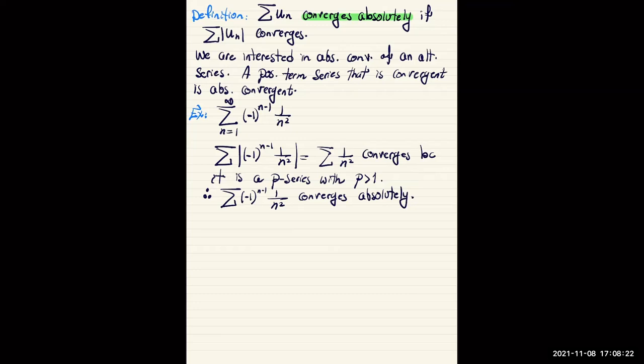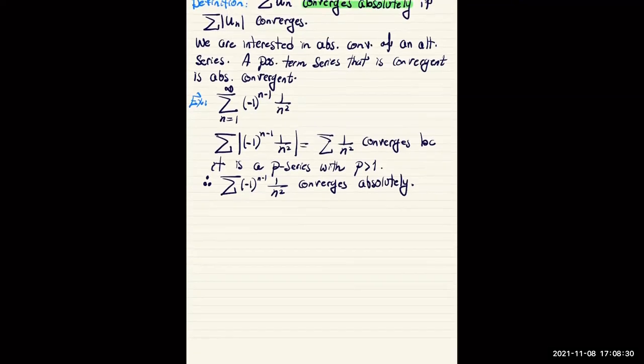All right. And here is a theorem about absolute convergence, which is highly useful. Because sometimes when we check an alternating series, the AST requires two things.